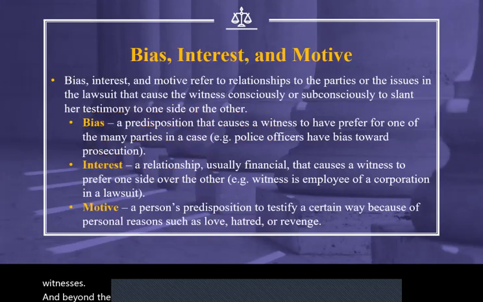So let's start looking at the first thing that we can impeach a witness with, right? It's bias, interest, and motive. So bias, interest, and motive refer to the relationship that parties have or the issues in a lawsuit that could cause a witness to consciously, and this is important, or subconsciously slant their testimony one way or another.